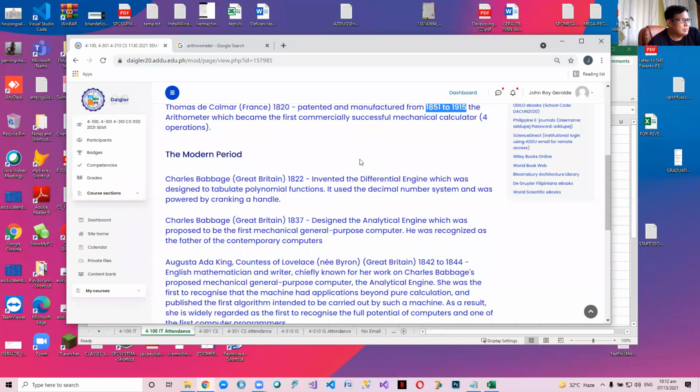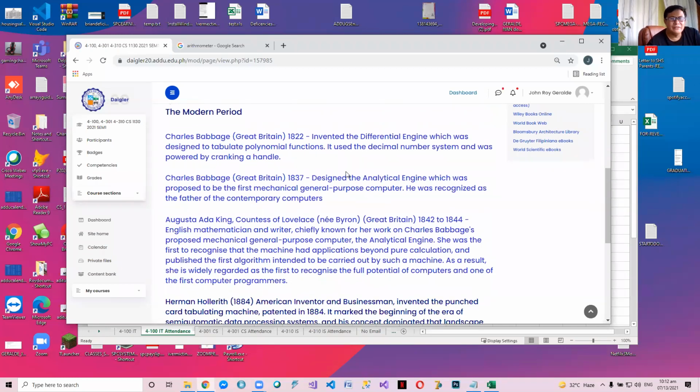So what they do is mechanize it using a machine invented by Charles Babbage. It used the decimal system and was powered by a cranking handle like a mechanical adding machine. It never came to be used, no? This I realized because the government, which was the sponsor of Charles Babbage, found it to be very expensive. Masyadong expensive, so hindi ginamit. They never manufactured the differential engine.